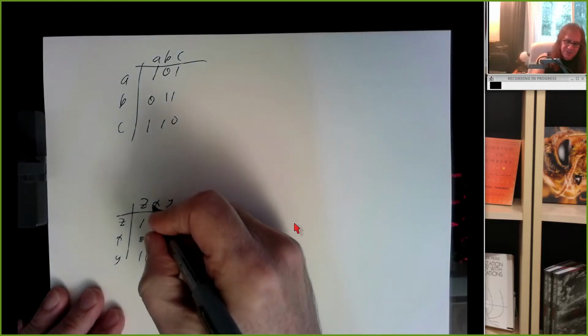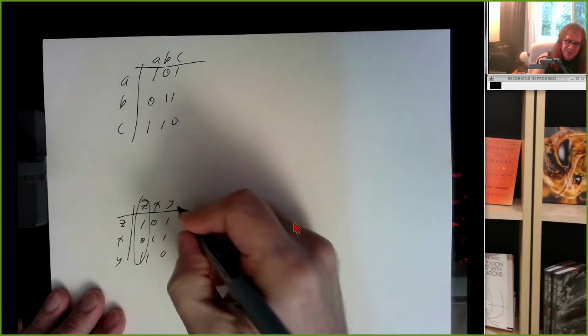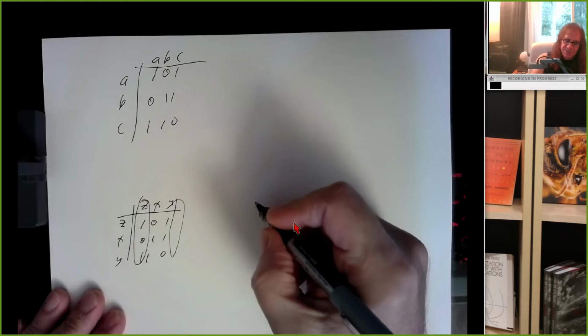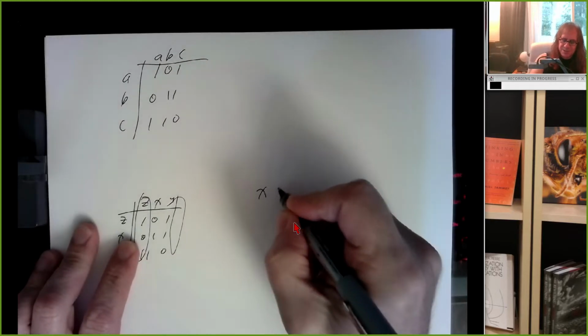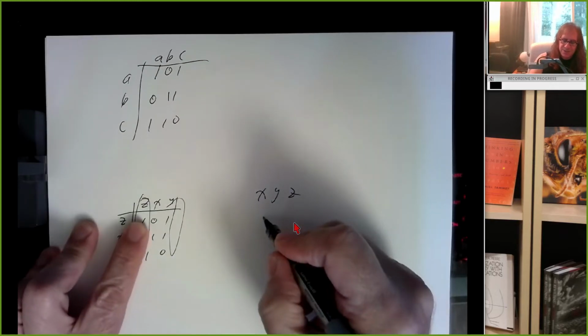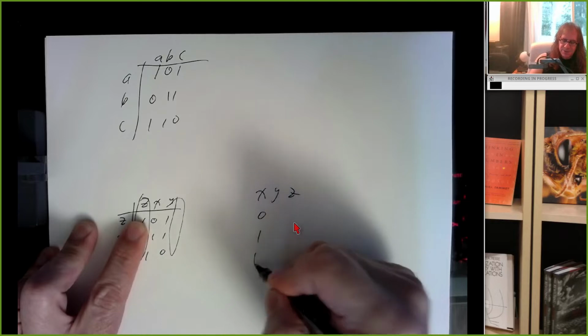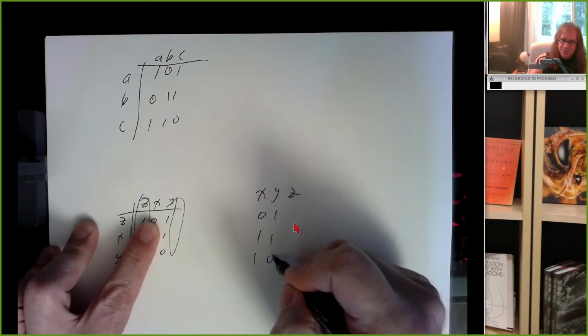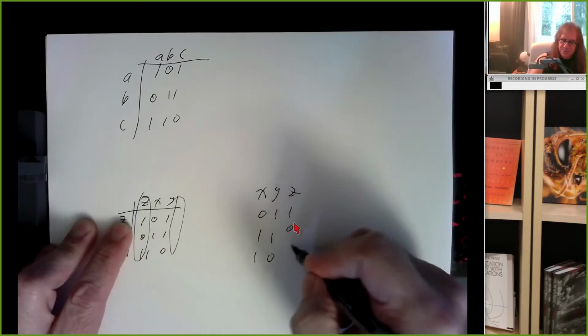So let me bring my Z over to here, and let me write this as follows. I'm going to do X, Y, Z. And so here's X, 0, 1, 1. Here's Y, 1, 1, 0. Here's Z, 1, 0, 1.